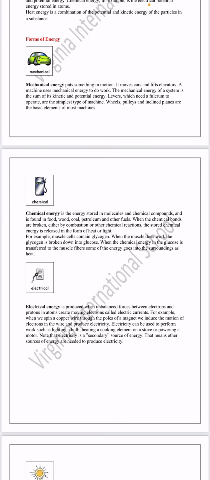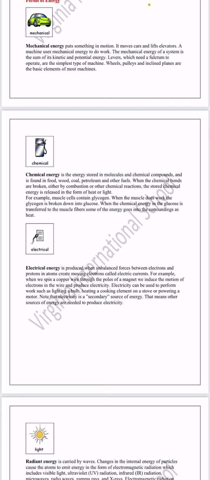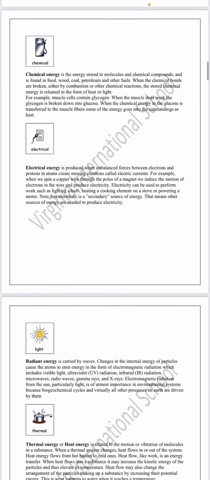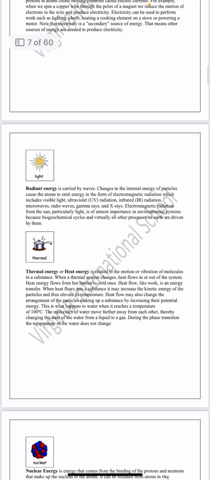You may be asked where we can find the chemical energy. Electrical energy is related somehow to the flow of electrons. And radiant energy is the waves that come out of the sun. And what are the waves? We have visible light, ultraviolet radiations, infrared radiations, microwaves, radio waves, and so on.